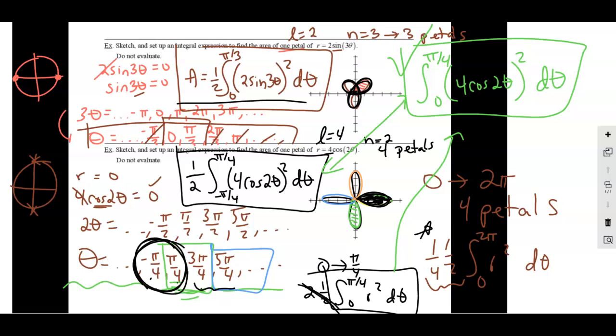But that one in the top left, that green one, probably looks nicer because you have a 0. Having a 0 is nicer than having the negative number, and not having the 1/2 is nicer than having it. So this is probably the easiest one. If you actually had to work it out, that's the one you would want to work with. But there are other ones you could set up that would be equally correct.